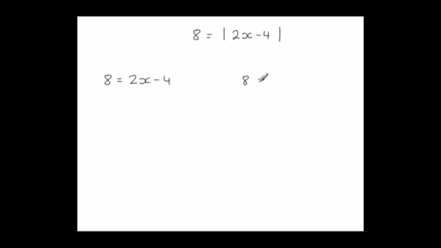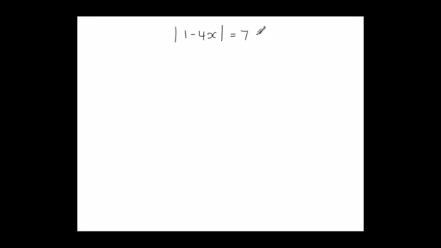So 8 is equal to, if I change the signs on just one side of the equation, and then solving these as before, with this one you've got 12 is equal to 2x, x is equal to 6, and this one here you've got 4 is equal to minus 2x, x is equal to minus 2. So you've got the same solutions as before, but it's a lot quicker to solve without doing the sketch.